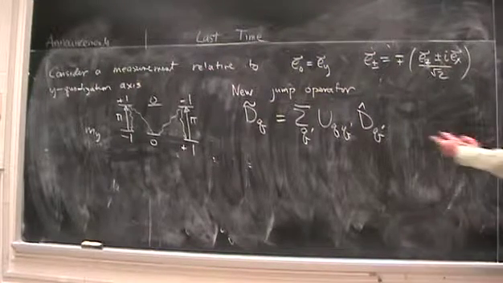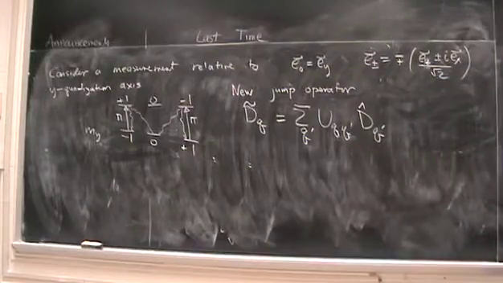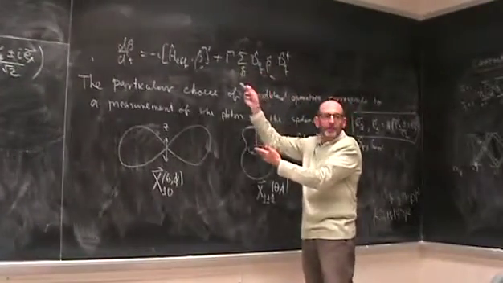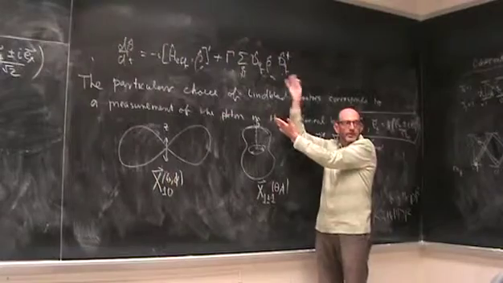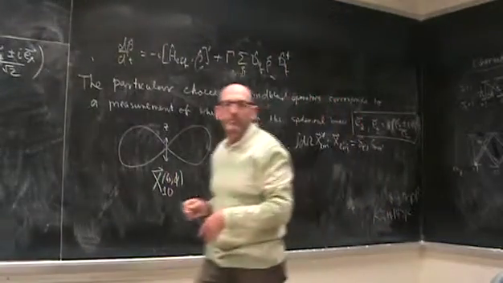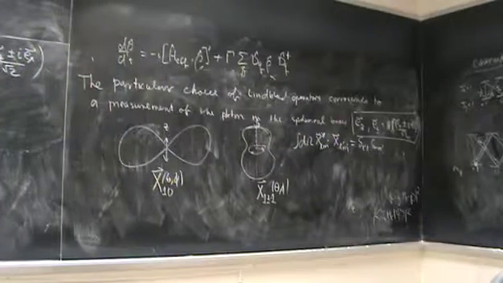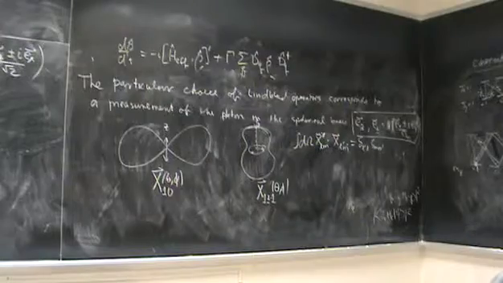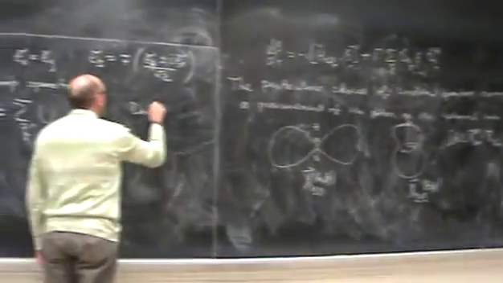Okay? And of course, if you plug this in, or vice versa, the dagger, you'll get the same master equation. So the master equation is the same. It's just with respect to a different set of jump operators. This is what's called a different unraveling.